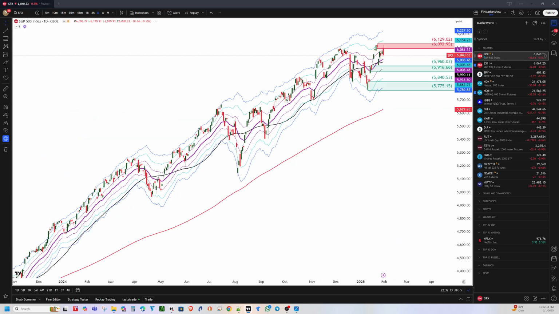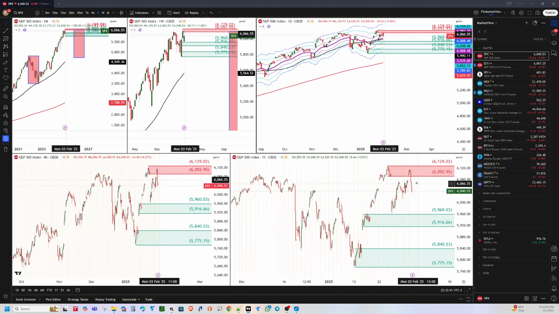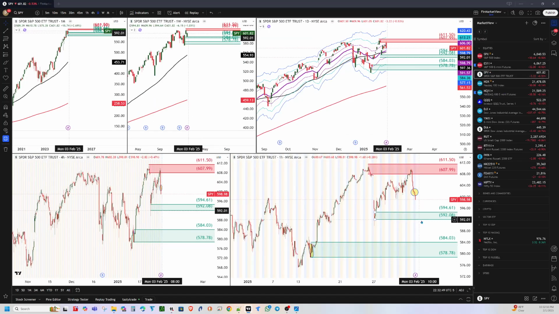So that's pretty much it, back to S&P. I'm looking at the areas of importance. If any gap down, I'm looking for opportunity at 5960, or on SPY, this 595 and 585 critical levels.